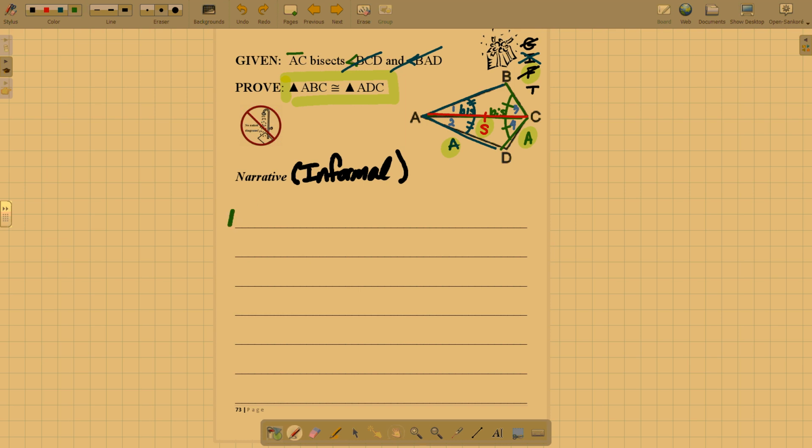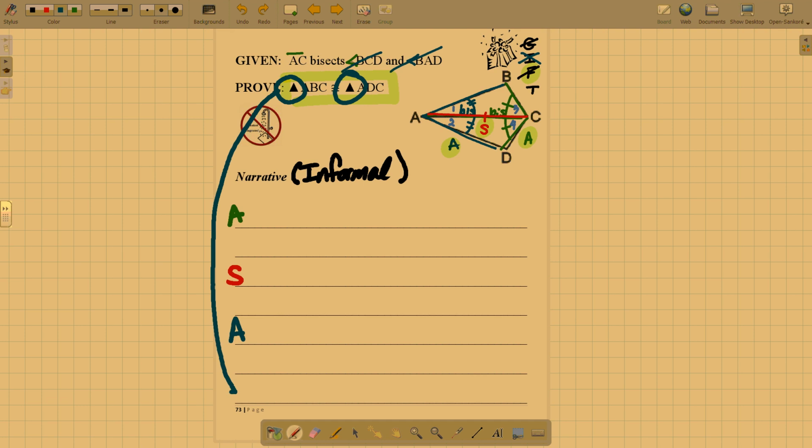You can talk about the first angle, and you can talk about the side, then you can talk about the other angle, and remember to hit your target. Your target is trying to get triangles congruent. So for your final conclusion, always make sure you actually hit your target.